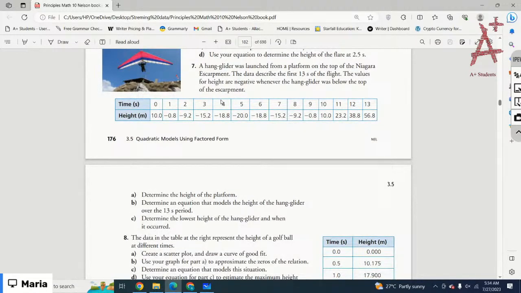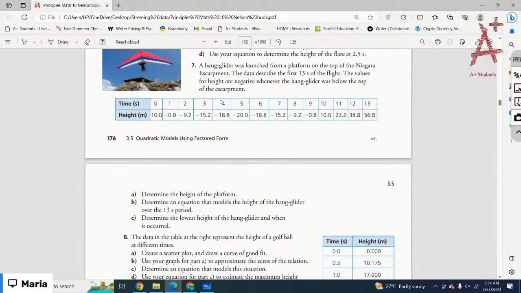Okay, so the equation is y equals 1.2x square minus 12x plus 10. Okay, let's just move on to the next question.